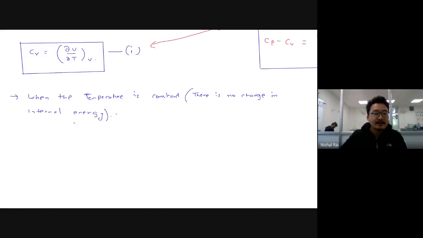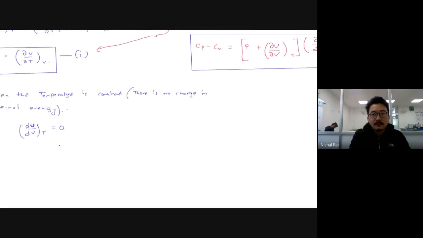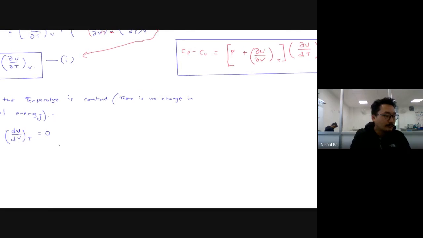So that's why your internal energy is also constant under constant temperature. So your del U by del V at constant temperature should be 0, because there is no change in internal energy at constant temperature. Clear? Is it clear? Yes, sir. Okay.